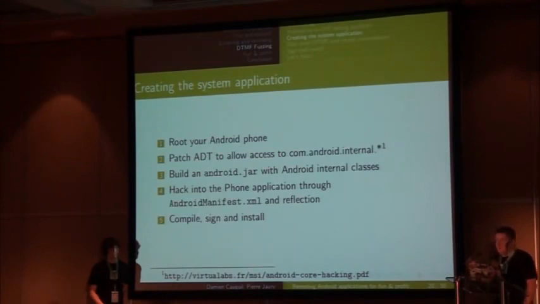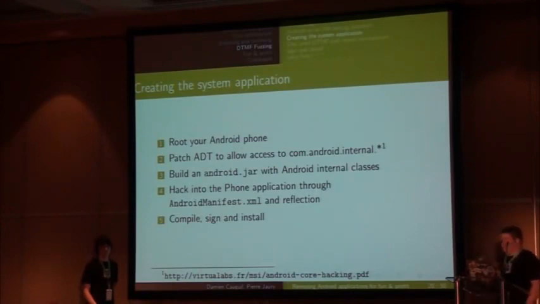This namespace is used to access a lot of internal classes that are not intended to be used by Android developers. So patching ADT is mandatory because we have to remove the rule stating that we do not have access to this namespace. So just by patching the file, we can get access to internal classes.